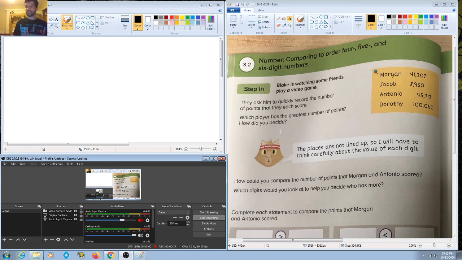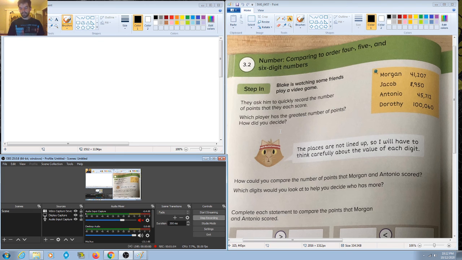We just have to really be vigilant and watchful of the place values that we're looking at to compare the numbers. One thing to keep in mind too, to make our lives a little easier, is if we're comparing two numbers with different numbers of digits, for example a 4-digit number and a 6-digit number, the higher number of digits will always be a larger number.